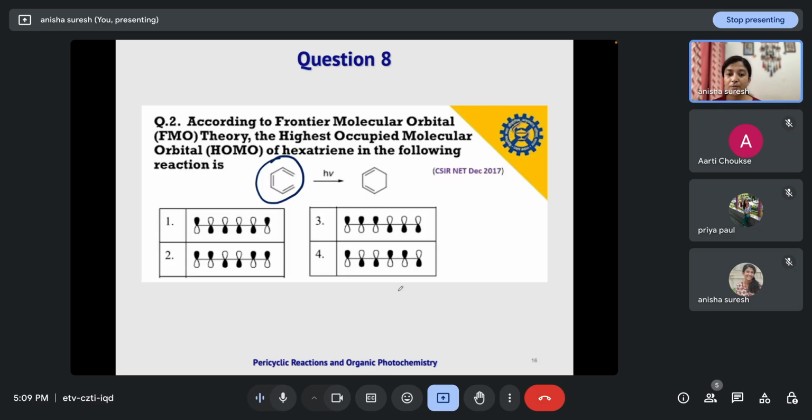So if you see the options, these are the options that have been given. Here you can see the node is coming at these two positions. So two nodes are there. So this is not the answer. Here in option number 4, one node is there. So this is also not the right answer. Here two nodes are there. So this is also not the right answer. So here, as we have seen, 1, 2, 3, 3 nodes are there and this is the psi 4 which is the HOMO for hexatriene in this photochemical condition. Clear?